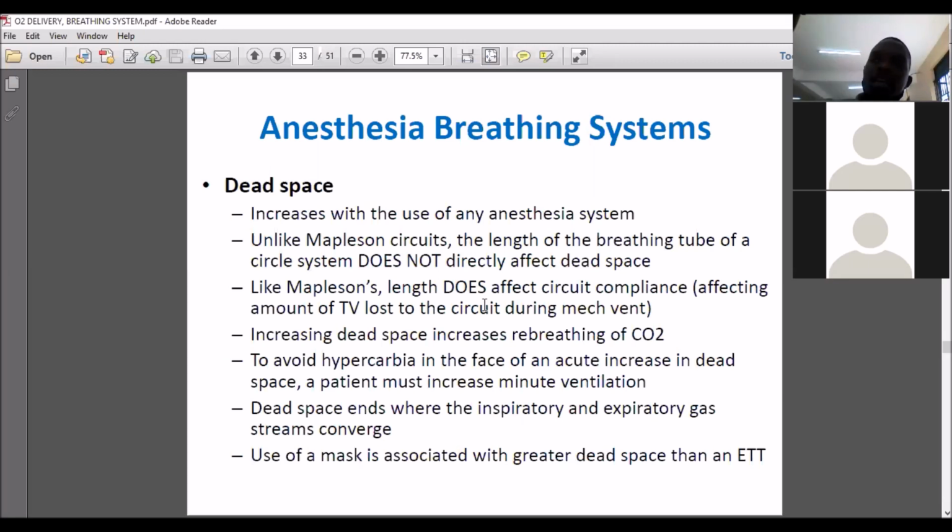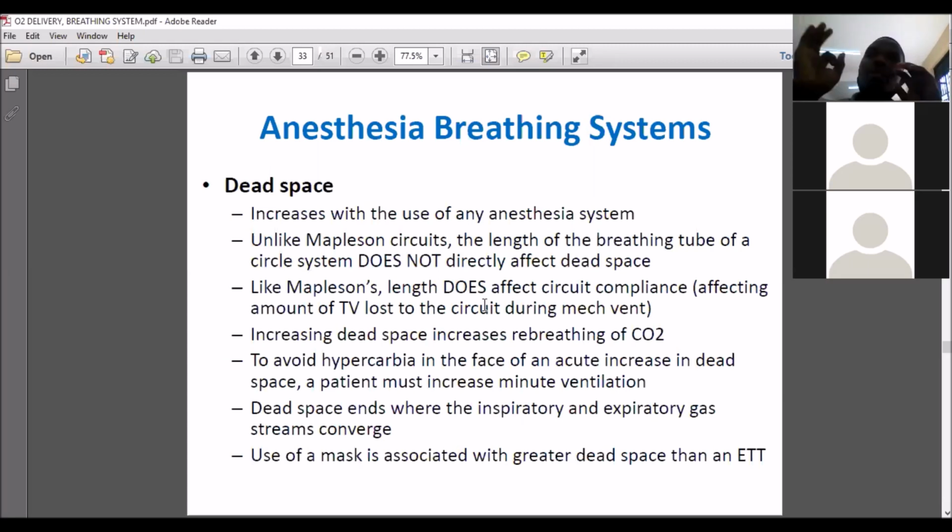So if you give me 2 liters of oxygen, 1 liter will stop in my mouth, trachea, and bronchioles, and my air sacs will be receiving 1 liter. If you add a tube on me and you've only given me 2 liters, the tube takes 1 liter, the trachea takes 1 liter, and my lungs are getting nothing. You're getting me? That's the effect of the dead space.